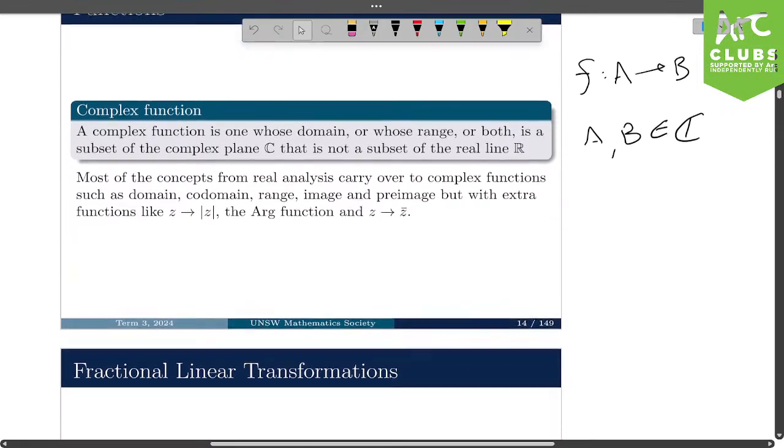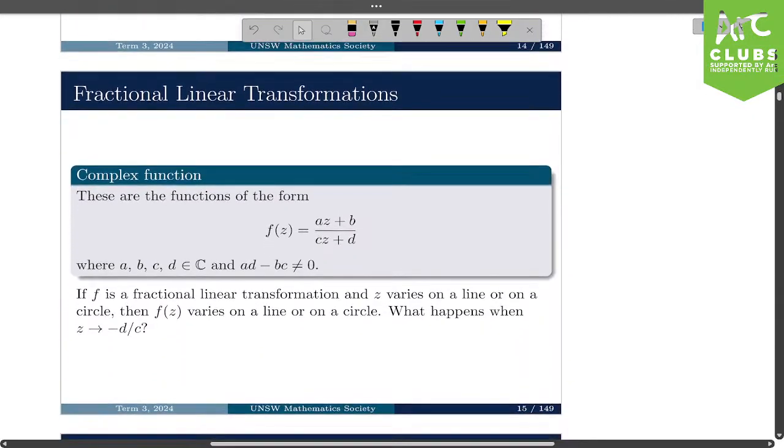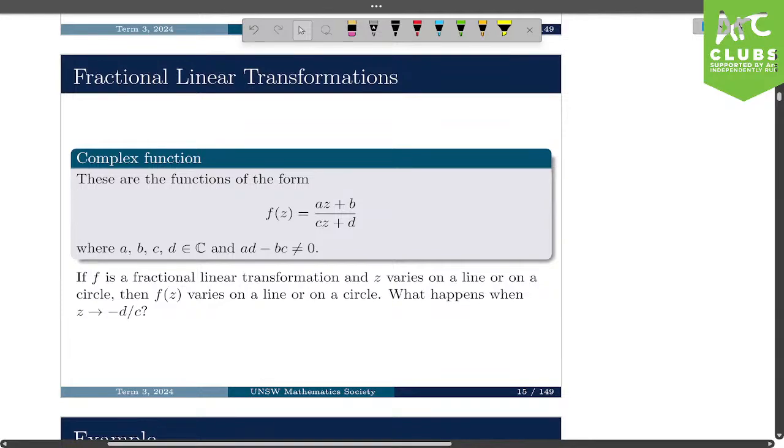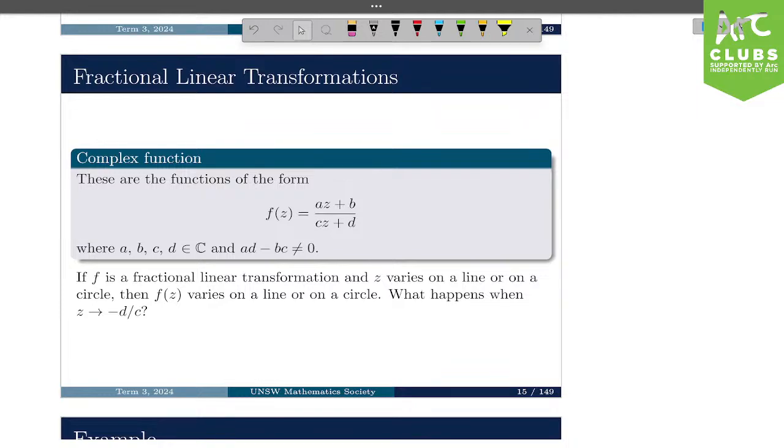There's a reason we did think of complex numbers. One of the most common ones, like you saw in our class test, is the fractional linear transformation. These are just the functions in this form, az plus b on cz plus d, where the numerator and denominator are linear functions. One very important thing that quite a few people neglect is that a fractional linear transformation always maps circles or lines to circles or lines.